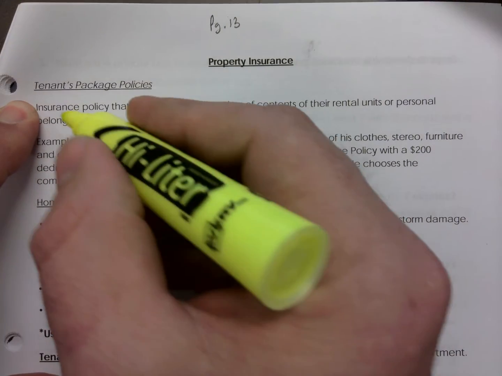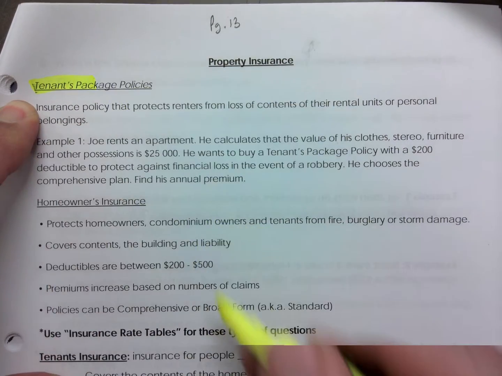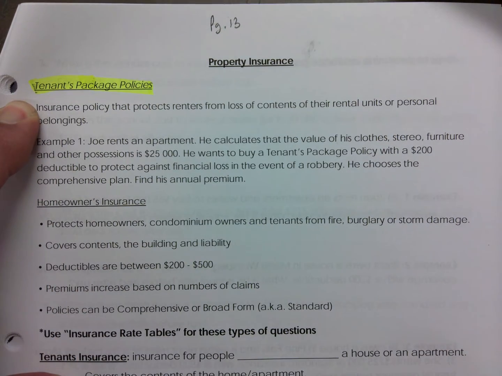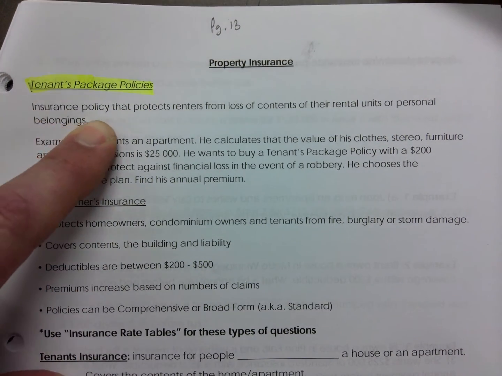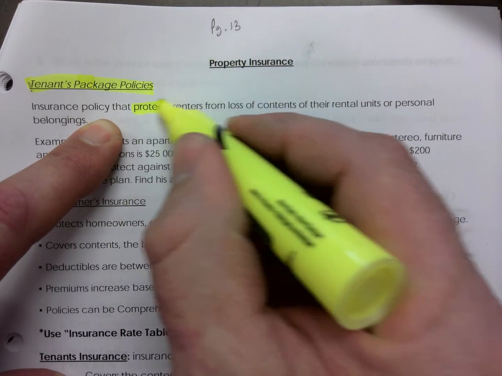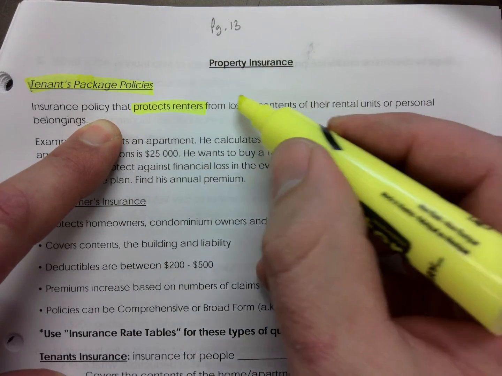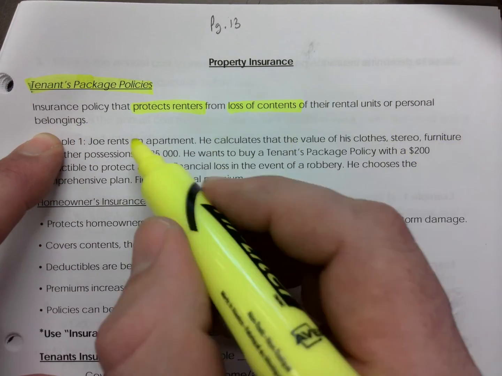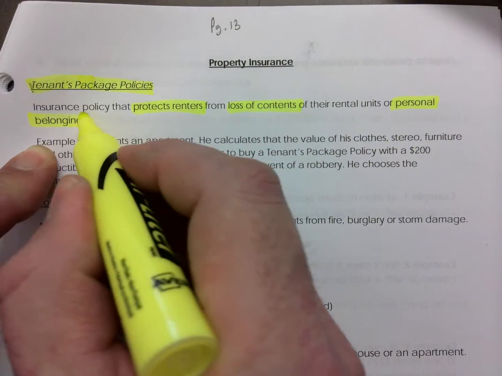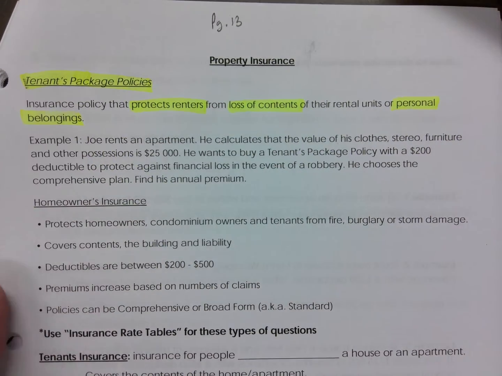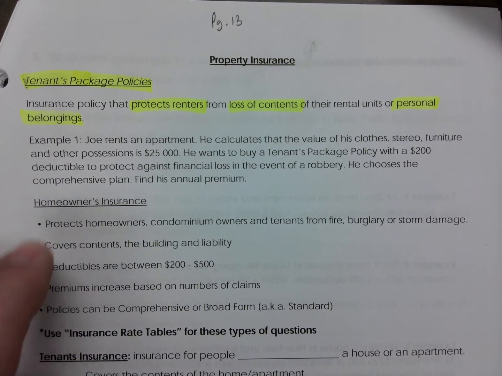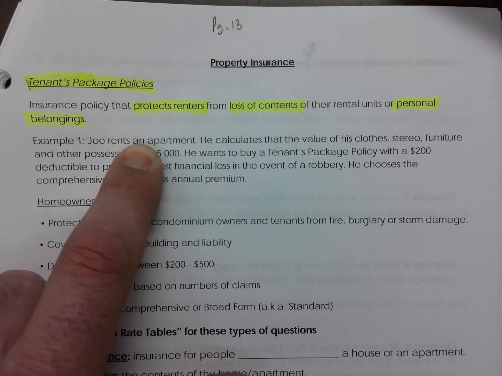Tenant package, right? So there's a tenant package policy, insurance policy that protects renters, right? Protects renters from loss of contents and personal belongings. Okay, we're not going to do that example. I'm going to skip it.